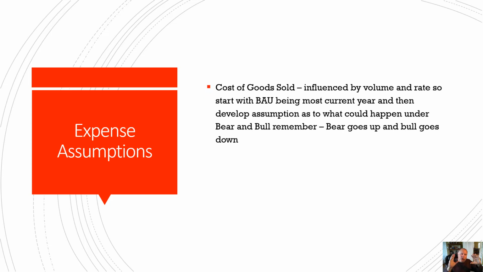Since you've gotten a good number for the sales that you can feel confident with, because you've done it on a volume and a rate basis, you can then evaluate cost of goods sold. That's going to be a function of volume and rate.